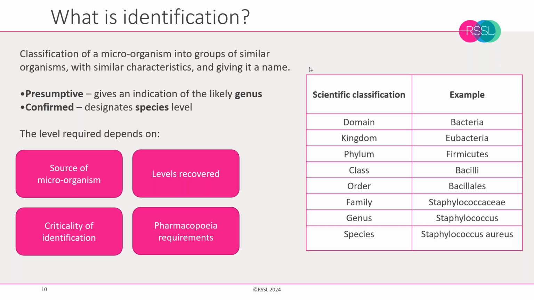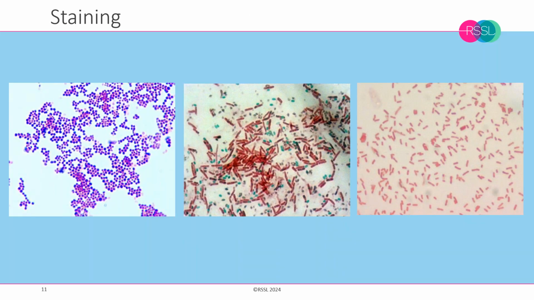And to achieve that level of identification, then we need an approach, a set of methods to do so. So I'm sure many of you are familiar with the concept of staining, but staining can be very useful as a verification tool with some identification methods. It's an important bridging step for allowing us to select the appropriate methods.